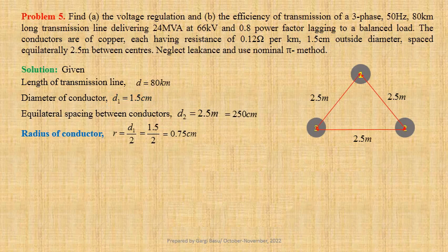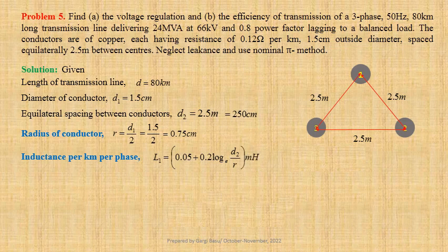Expression for inductance per kilometer per phase L1 equals 0.05 plus 0.2 into log of D2 upon R millihenry. Using values we get 0.05 plus 0.2 into log of 250 upon 0.75 millihenry, that gives us 1.212 millihenry.